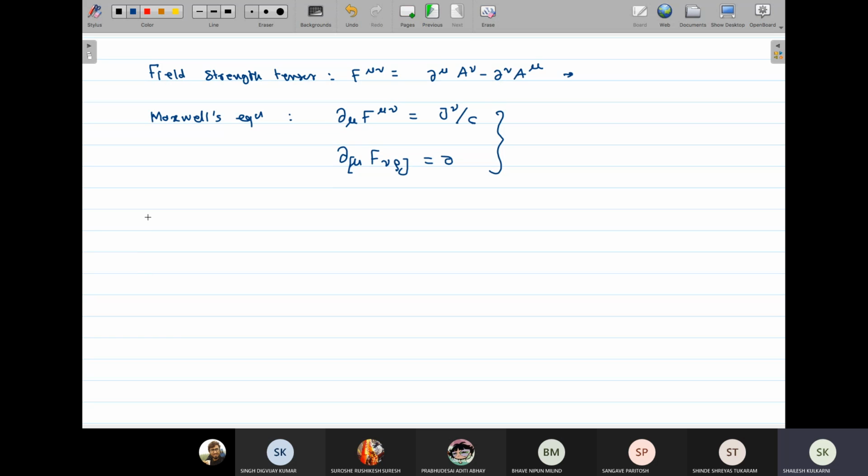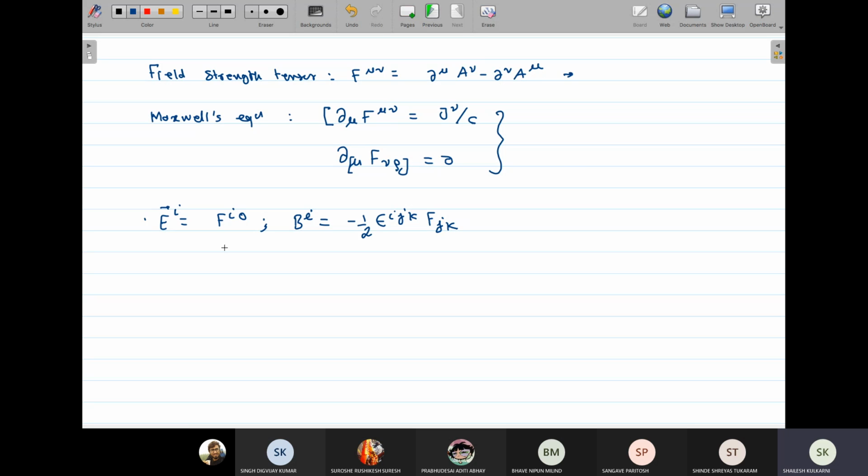And we also know what the electric and magnetic fields are. The ith component of the electric field E i is F i0, and B i is minus half epsilon i j k F j k. So when I solve this equation, I get the solution for A mu.